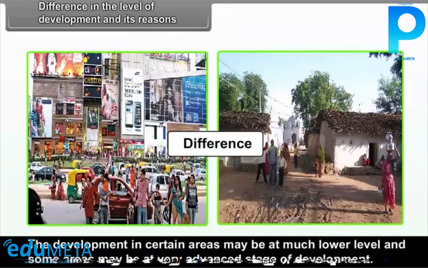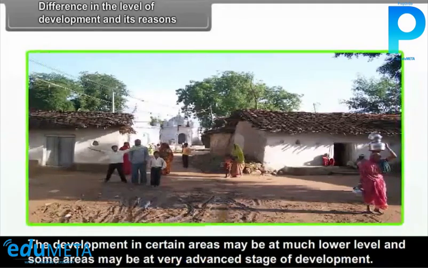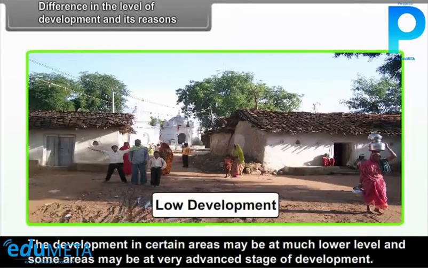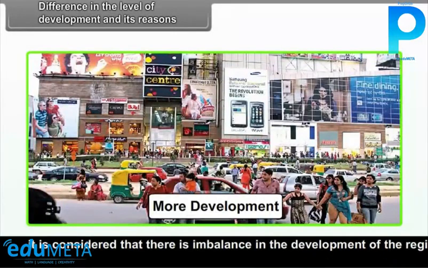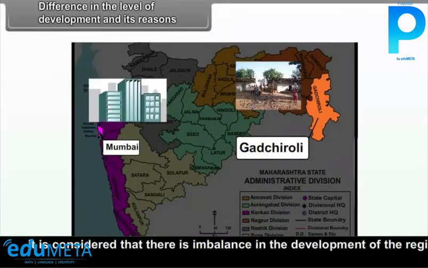The development in certain areas may be at much lower level and some areas may be at very advanced stage of development. If in any region there exist very high differences in the levels of development among different parts, it is considered that there is imbalance in the development of the region.